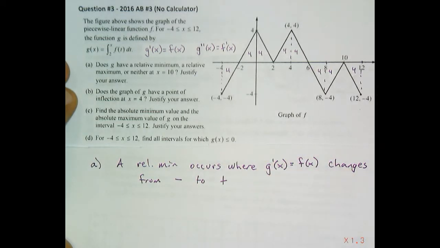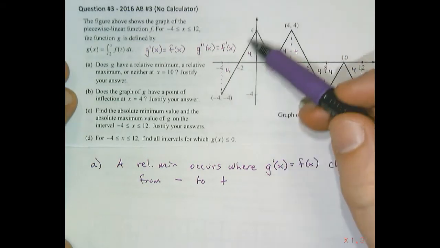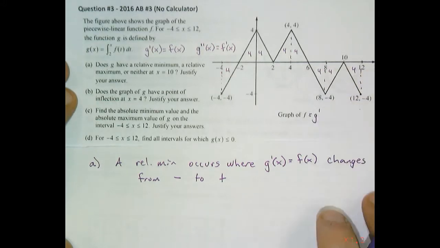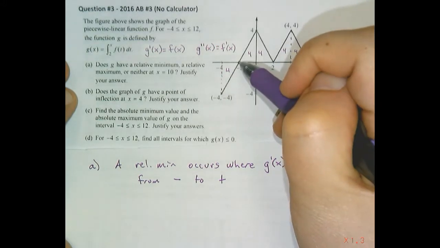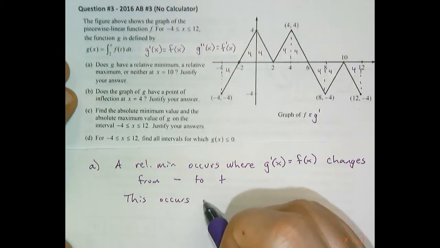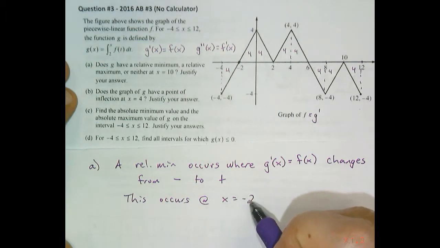In other words, G is going from decreasing to increasing, therefore G prime is going negative to positive. When we look at the graph here, this is a graph of G prime, or f. This occurs only at one location. This occurs at x equals negative 2.